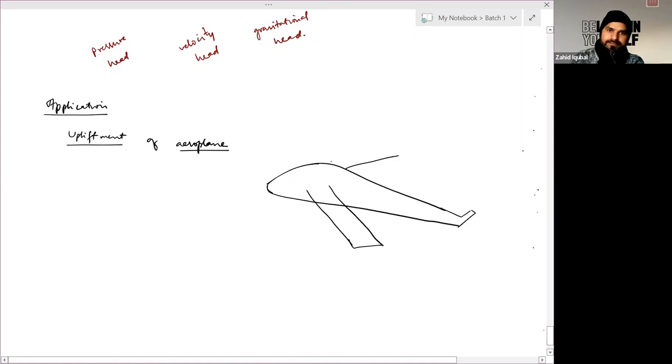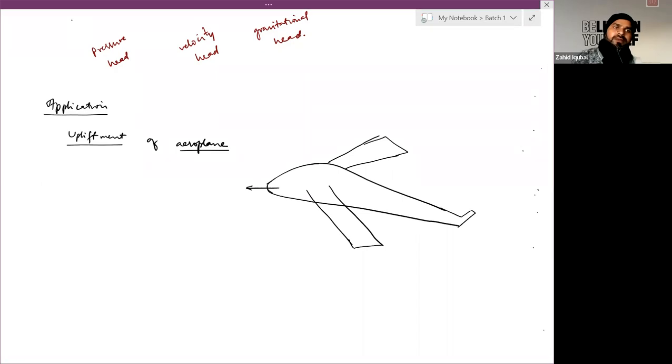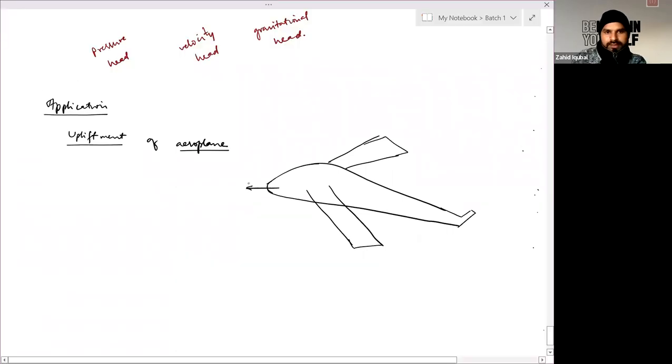Let's say an airplane is running on a runway. Air incoming from the front side may move along this path like this, and from the bottom, on hitting its surface, may get stopped.